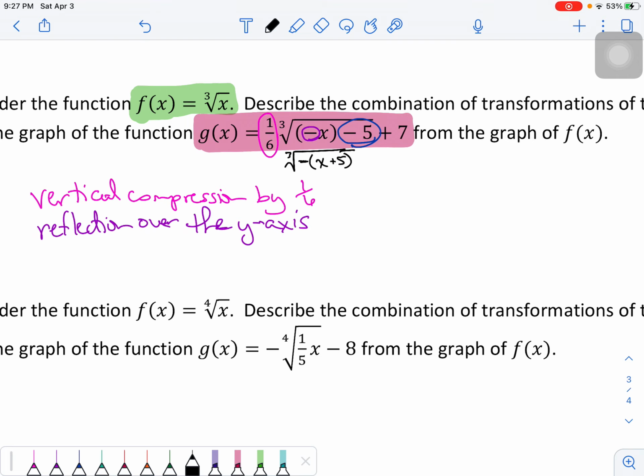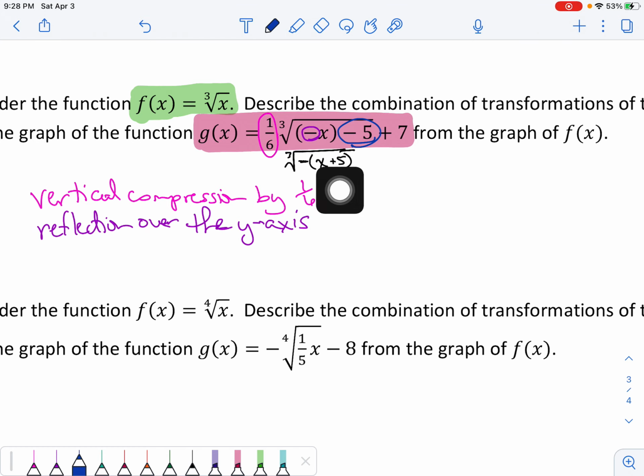All right. So what's happening here, and this is where you've got to be careful, and I don't think I'm going to be mean enough, and yes, I said mean enough, to put this on a test, because these two pieces affect each other, and so that's where we're not going to ask you guys to do that, but this negative, I factored it out, so that's the reflection over the y-axis.